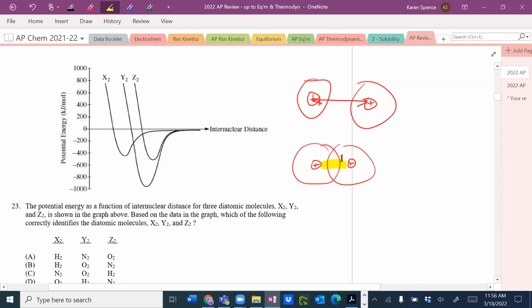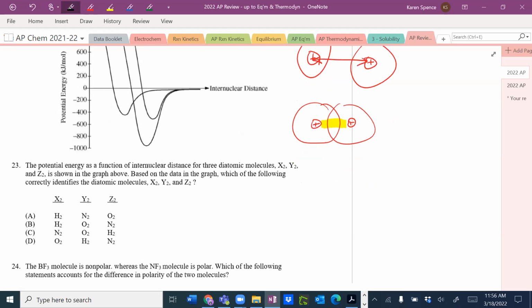Which identifies them as the diatomic molecules X2, Y2, and Z2. So we are looking at H2. Ooh, H2, tiny. H is tiny. Yes, we're looking at its 1s shell overlapping with the other hydrogen's 1s shell. It doesn't have any extra shells. So the internuclear distance is going to be really, really small, because hydrogen is such a tiny, tiny atom.